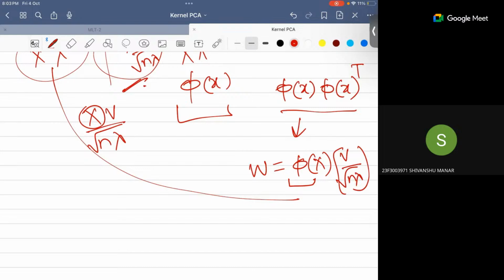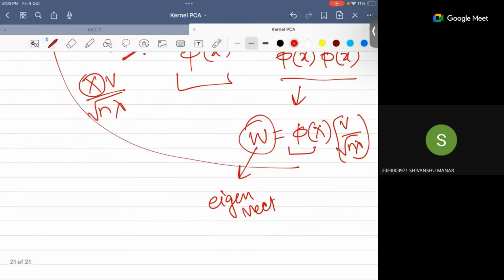No. If you have to get these eigenvectors, you need this mapping, right? But we don't have this mapping. That's why for this type of problem, we will not be able to calculate the eigenvector.